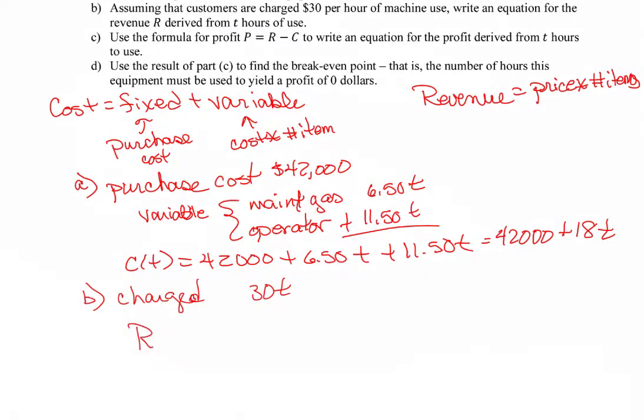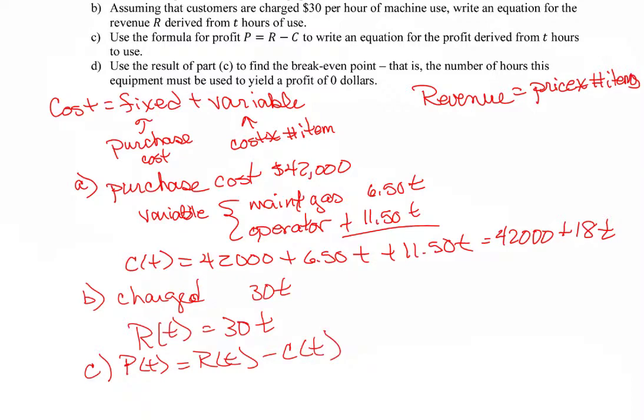So then the revenue is 30T. Part C says use the formula profit equals revenue minus cost to come up with a profit equation.